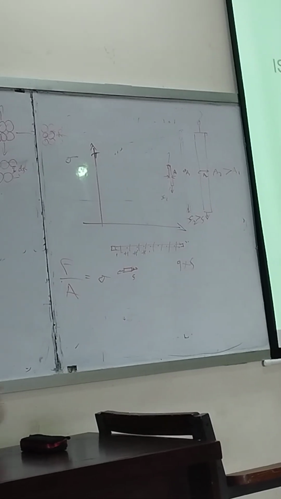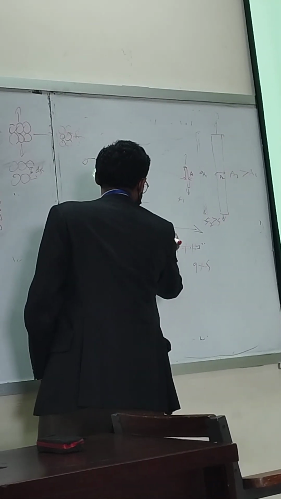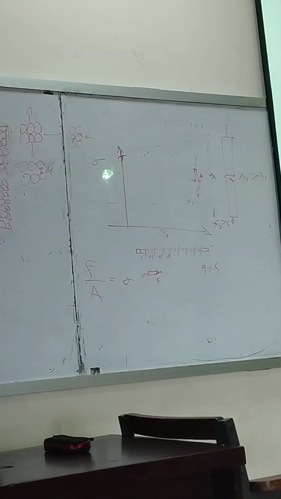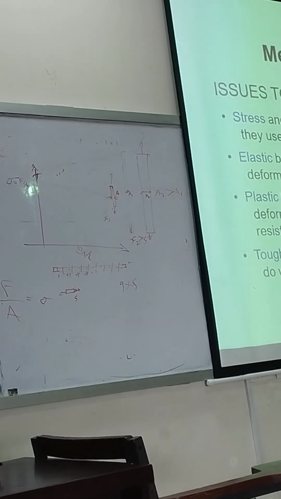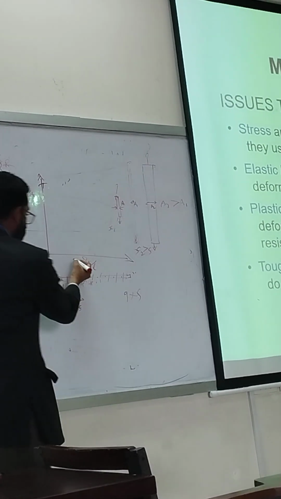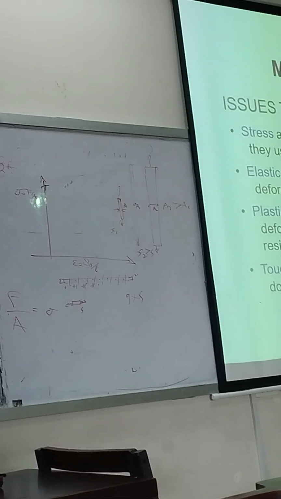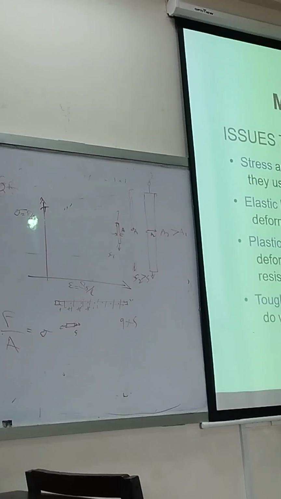So we have to rationalize delta x against the original length. We are going to have stress is equal to force per unit area, and we are going to get strain. Strain is the change in length rationalized against the total length of the sample, or change in length over the original length of the sample.